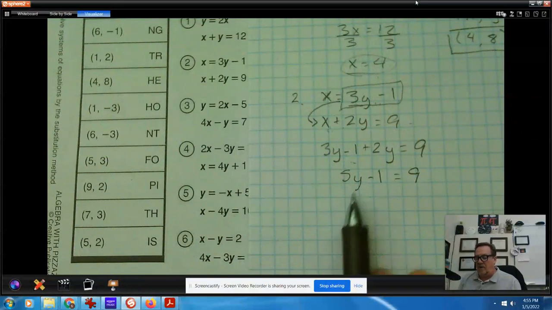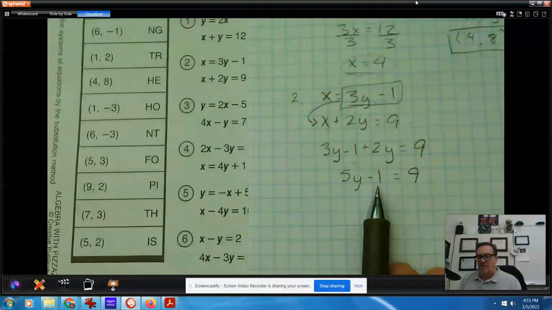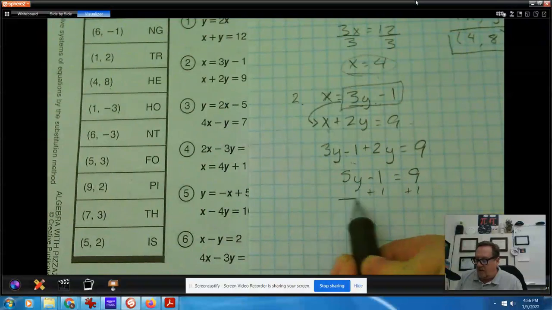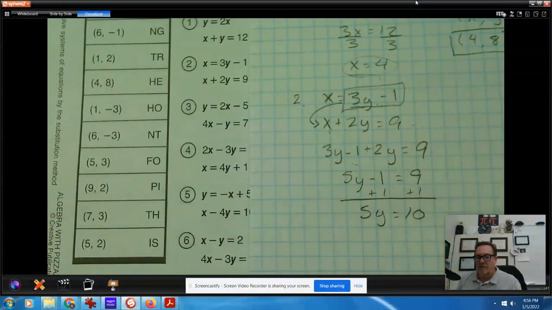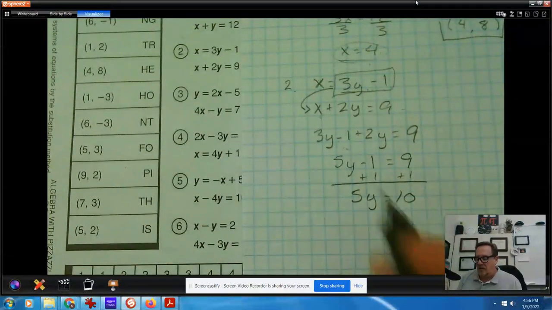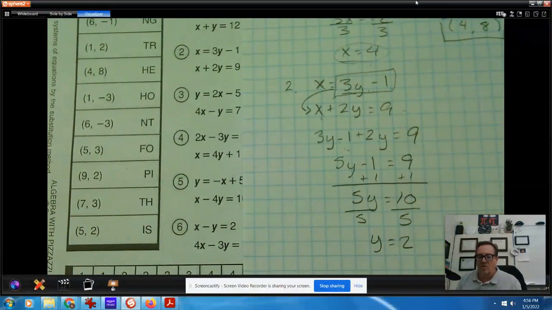Since I want to get my variable by itself, look for any addition or subtractions happening. Oh, here's some. How do we get rid of a negative 1? Well, we can add 1 to both sides. 5y equals 10. We still don't have y quite by itself, but we're close. We just need to divide both sides by 5. And that will give us y is equal to 2.